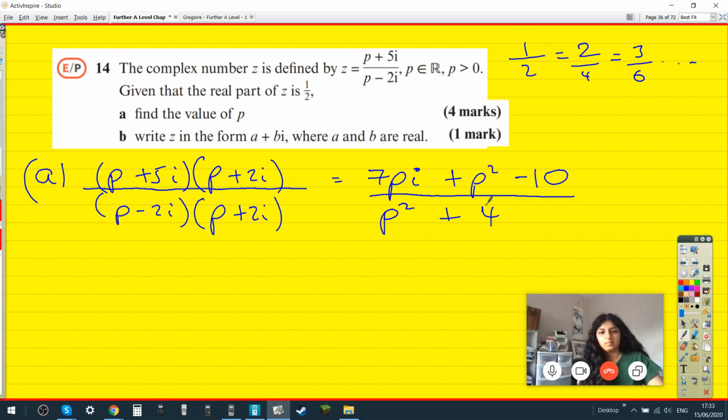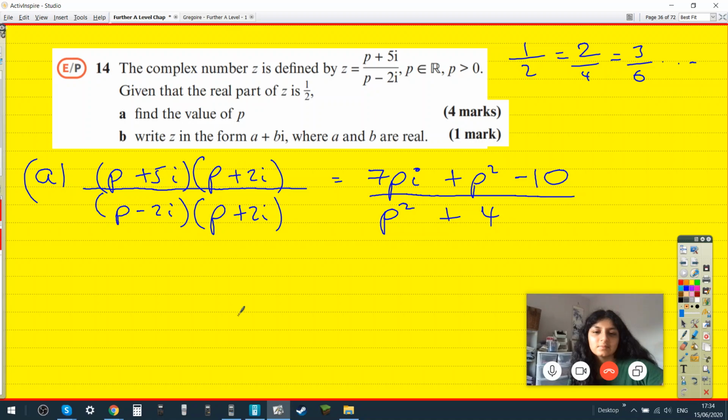Well, the top one is like a quadratic equation. Okay, that's not helpful. I don't know how to do this. Well, if you were to factorize the top, it would be p plus 5i, p plus 2i.